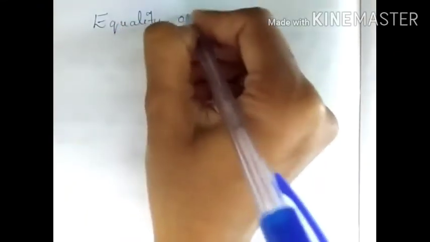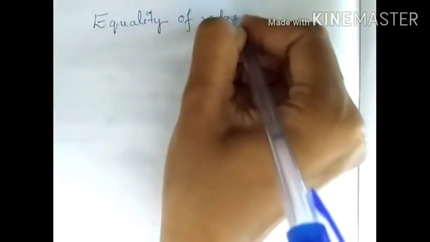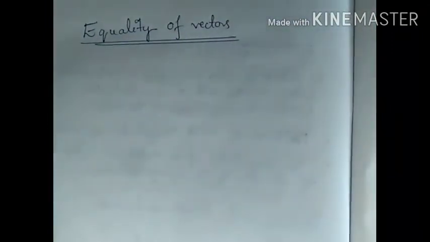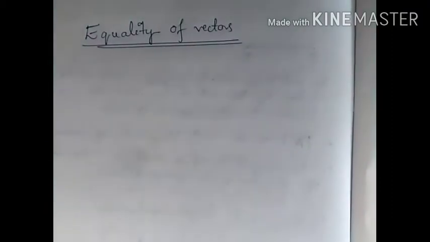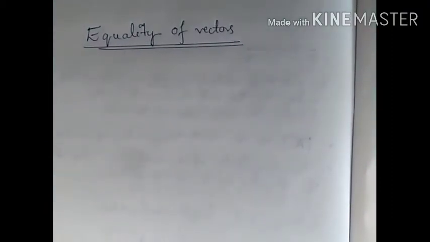So the next concept that we have here is equality of vectors. To see whether 2 vectors are equal, we have to perform some experiment.